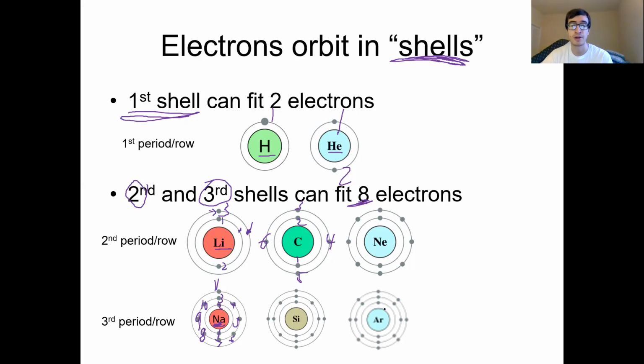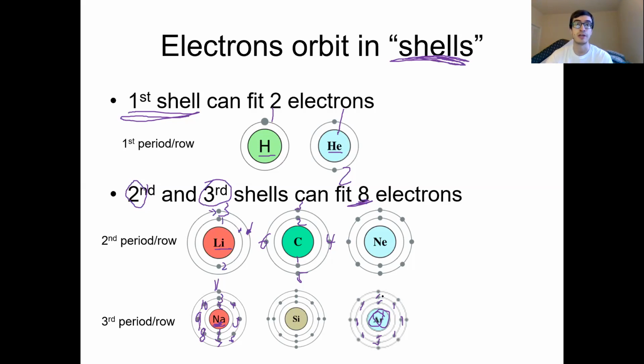So if we jump way over here to our argon atom, argon has 18 protons and 18 electrons. If we do those same steps again, this time I'm just going to make little marks on each electron. So we have 1, 2, first shell is full, 3, 4, 5, 6, 7, 8, 9, 10. That's 10 from 2 on the first shell and 8 on the second shell.